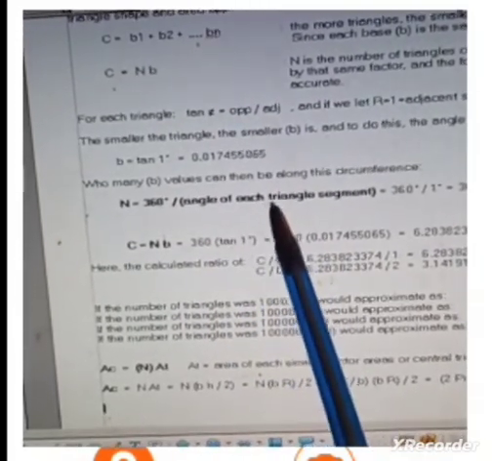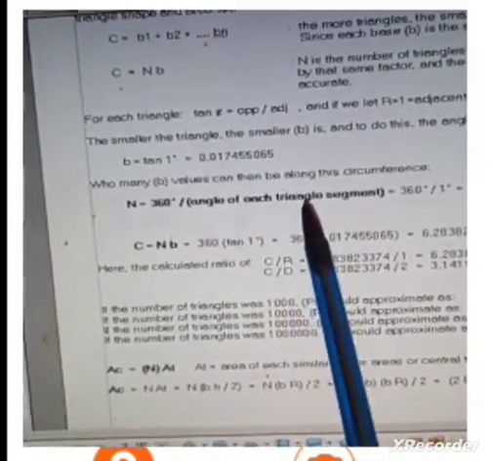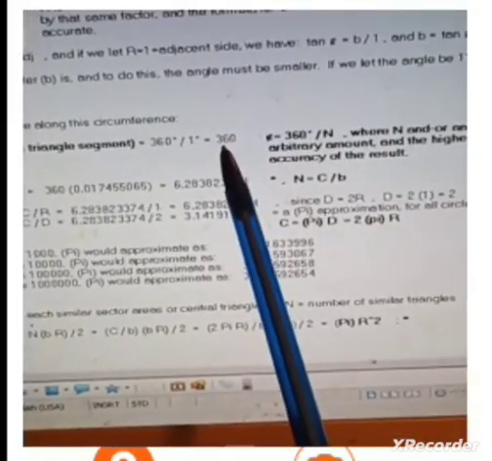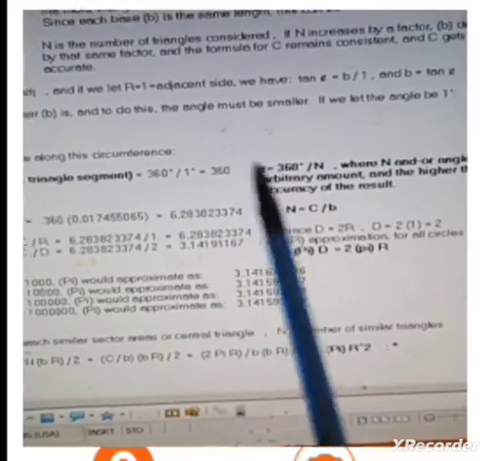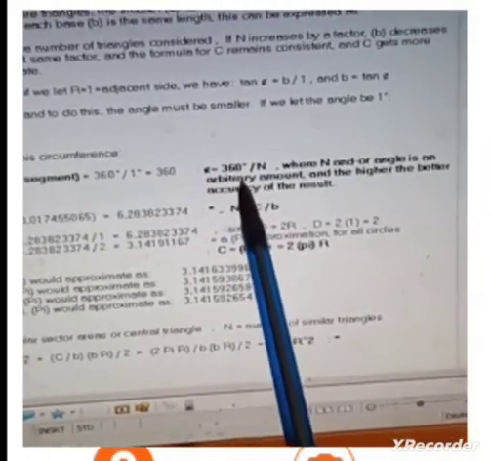It depends on the angle you choose, so it's 360 degrees divided by the angle of each segment. If you use 1 degree, it'll be 360 terms or triangles, and mathematically the angle equals 360 degrees divided by the number of terms.